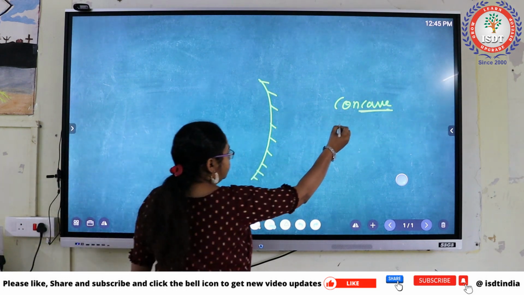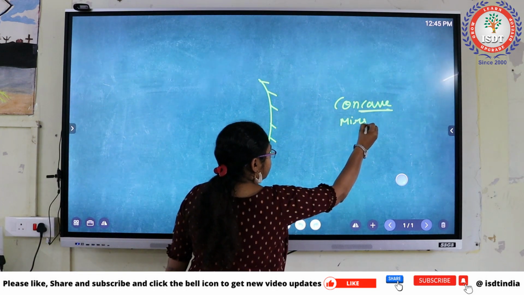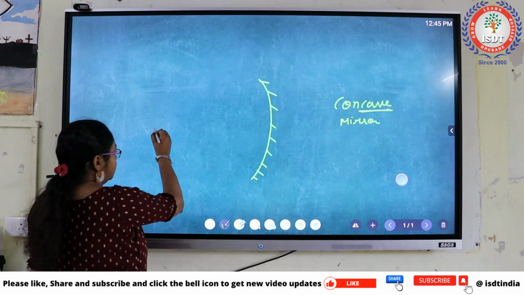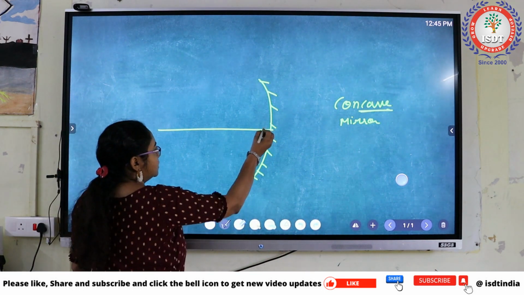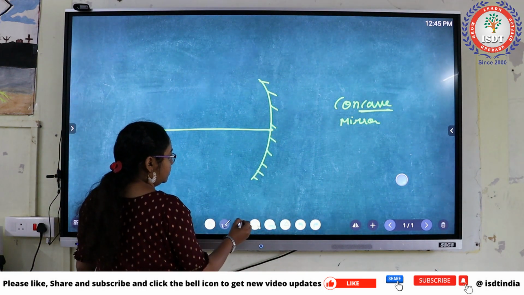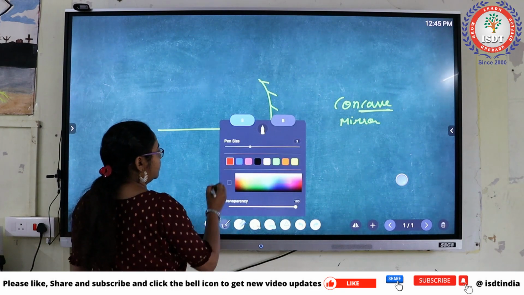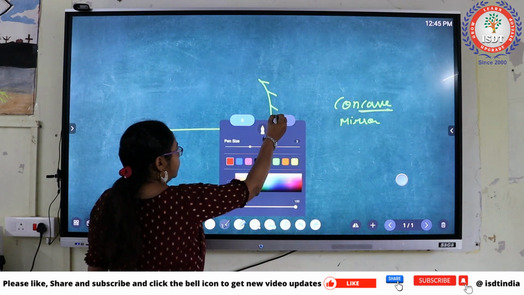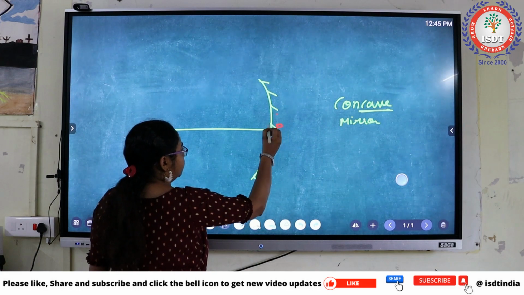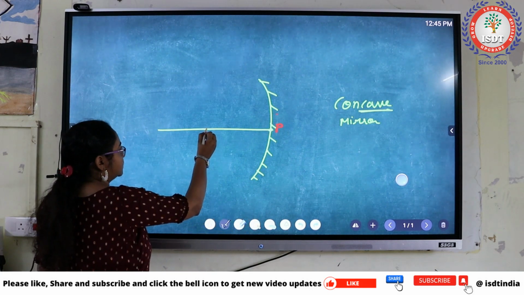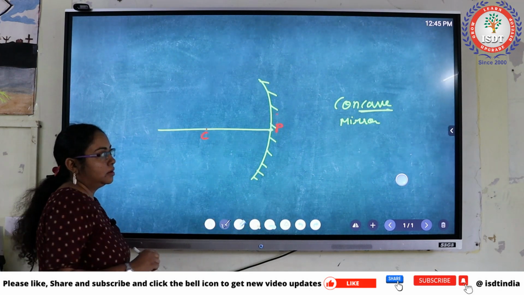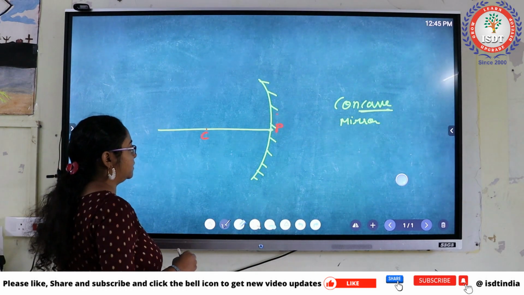So this is a concave mirror which I am discussing. The center part of the mirror will be the pole, that is P. Here the center of curvature will be there.